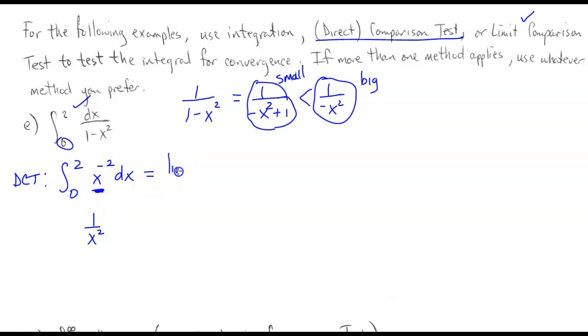So we write the limit as a approaches 0 from the right of the integral from a to 2 of x raised to the negative 2 dx.